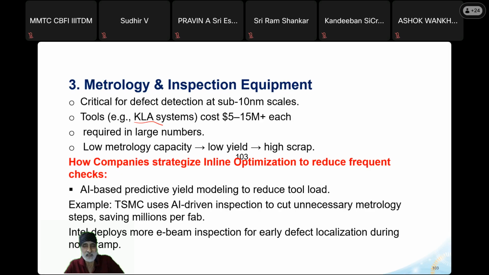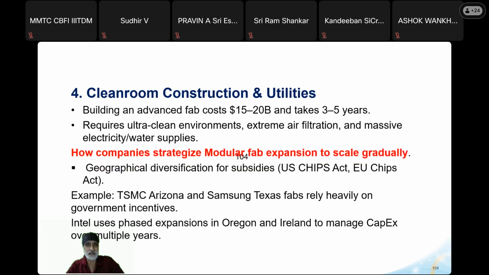Many companies have made these tools, and they have cut down on metrology cost using AI software, saving millions per fab. So there is a lot of application of AI in each particular area, even in the manufacturing of this equipment.